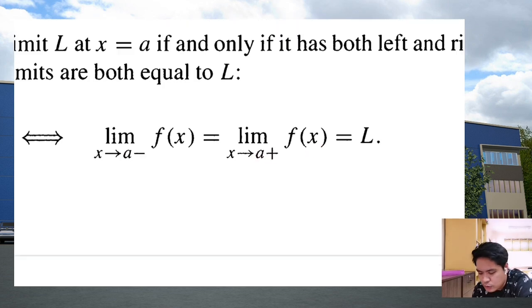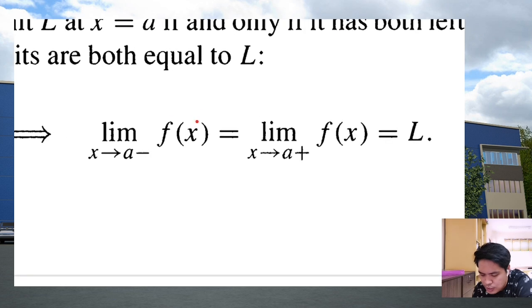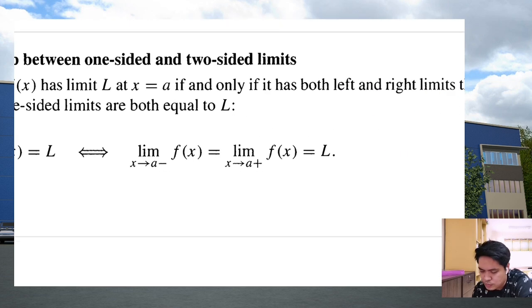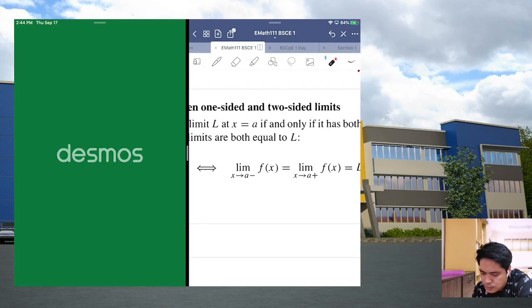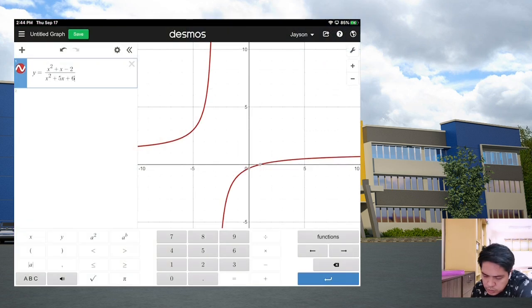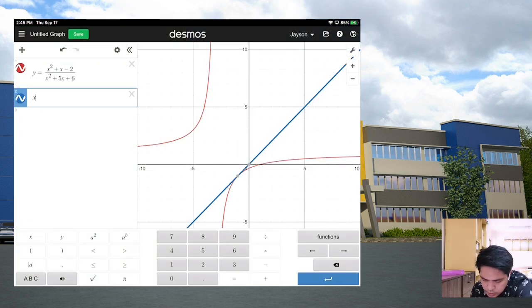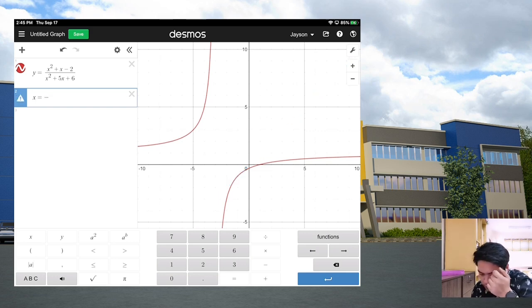Okay? So, therefore, meron lang siyang limit kung both left and right hand ay may limit and they are the same, L. Okay? To illustrate this, yung gamitin natin is yung in-answer natin kanina. For example, eto. Okay, look at this. So, di ba, x approaches negative 2.